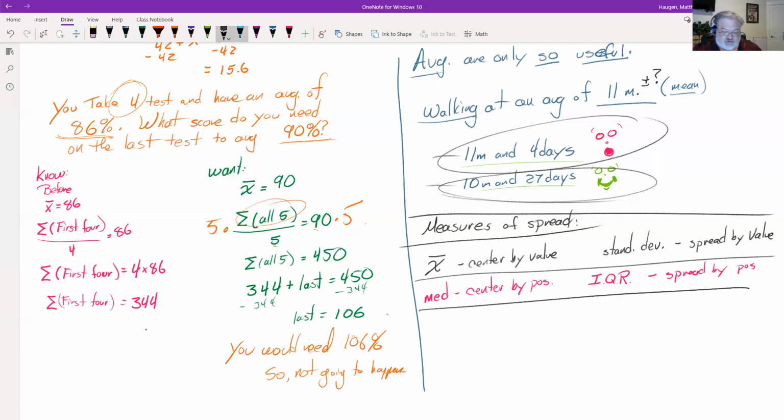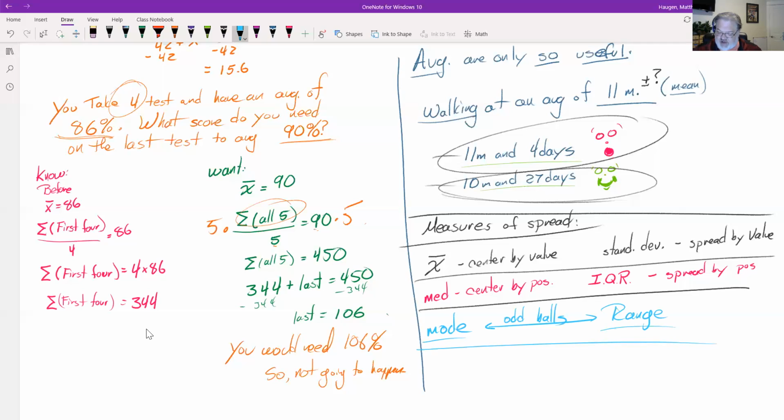And then, of course, we have our mode and range, and these we'll just call our oddballs. Mode is average by frequency, range is spread by frequency. These are just kind of the other two. Mode is really easy to find, it's just the most common.